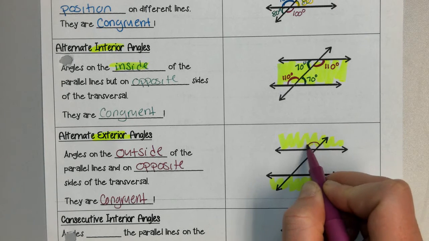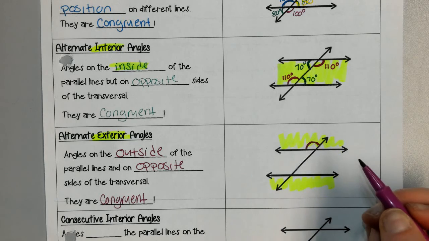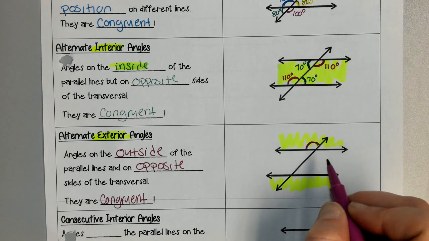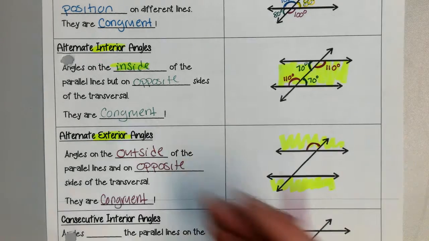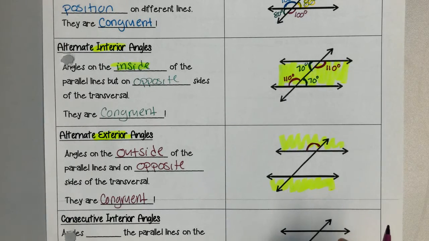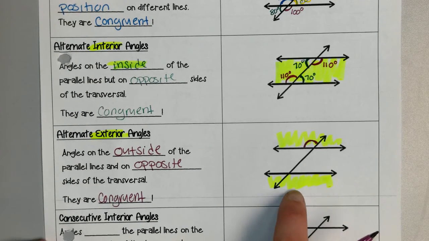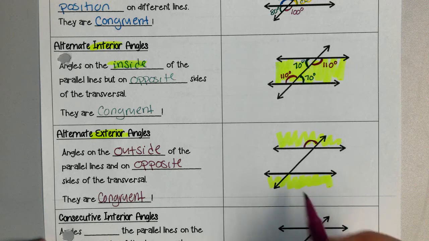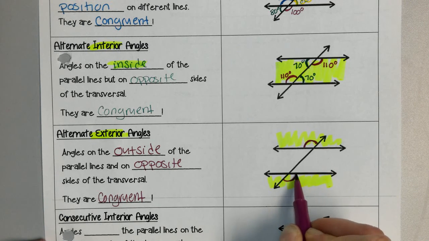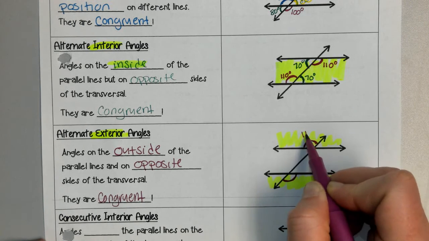So this top left-hand angle is on the left-hand side of the transversal. It's the obtuse angle. If we move to the other parallel line, we need to flip it to the right-hand side to find the other obtuse angle so that they can both be congruent.